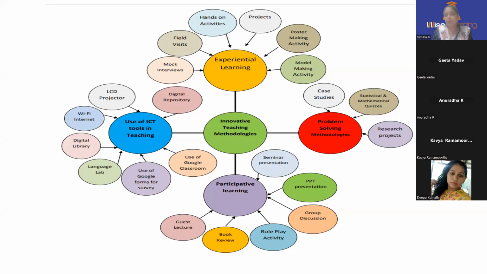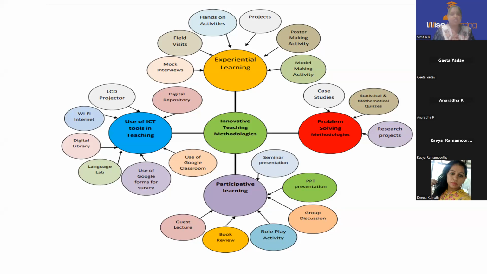In problem solving, we give them questions, they solve those problems and then they come up with the answers. In experimental learning, they go up to the concept, they experiment, they feel the content and then they come up with the ideas as well as the answers.